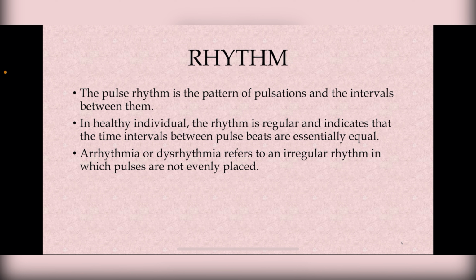For example, if you feel 1, 2, 3, 4, that is absolutely normal. Okay, but if you palpate like 1, 2, gap, 3, long gap, 4, 5 combined, then long gap and then 6, that is abnormal, that is irregular rhythm of pulse.